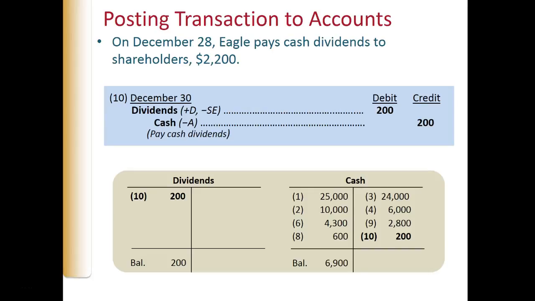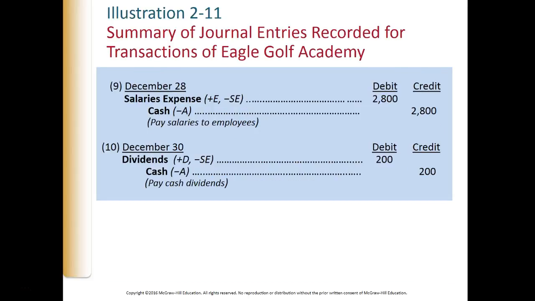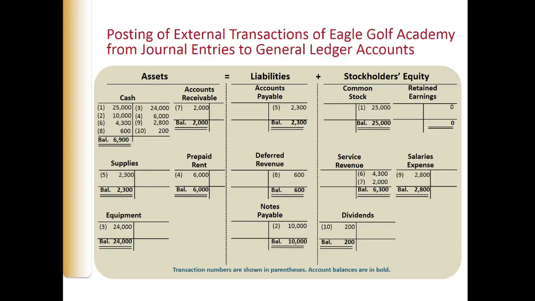On December 28th, Eagle pays cash dividends to shareholders, $2,200. We debit dividends for $2,200, and we credit cash for $2,200. Okay? So here's a summary of our transactions, and here is a listing of all of our T accounts. Do you see? We put all of our assets together.